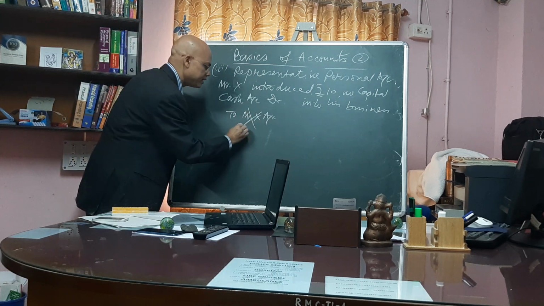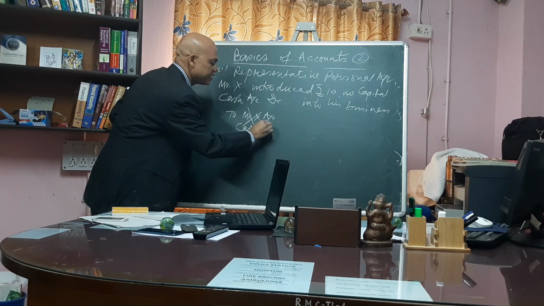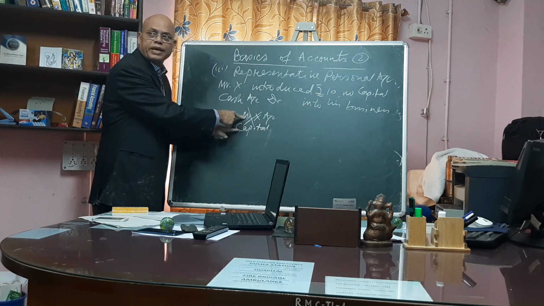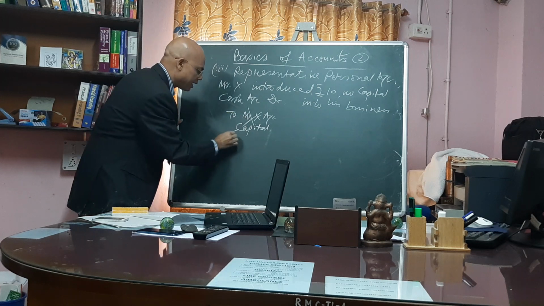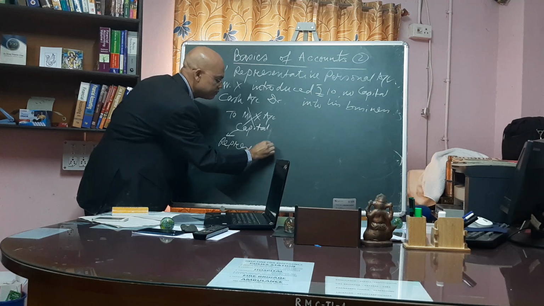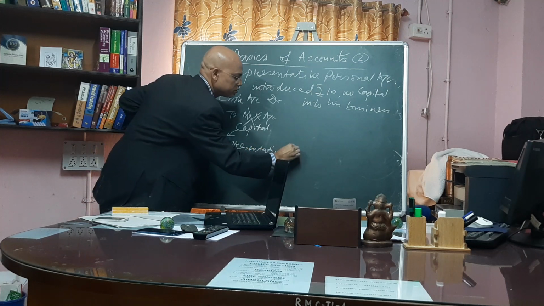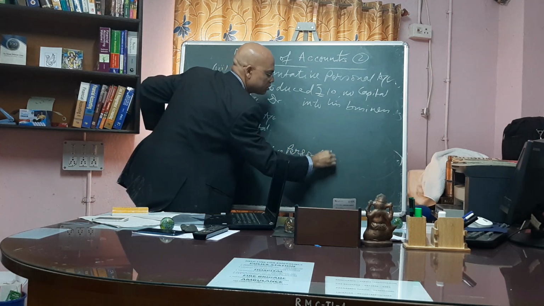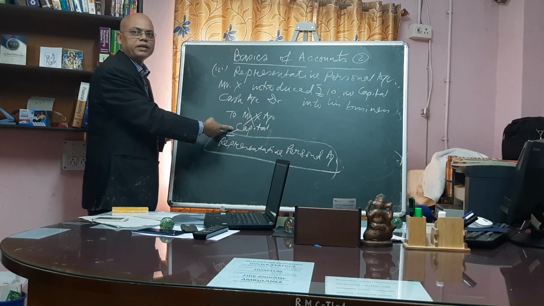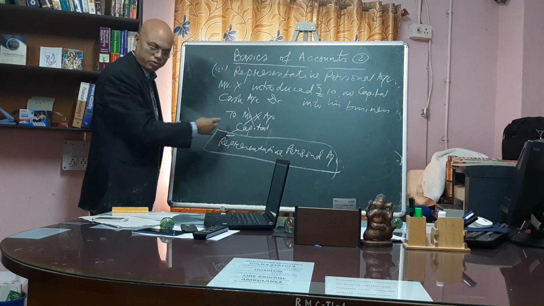In that place, we write capital account credit. Therefore, capital account represents Mr. X. Therefore, capital account is an example of representative personal account.